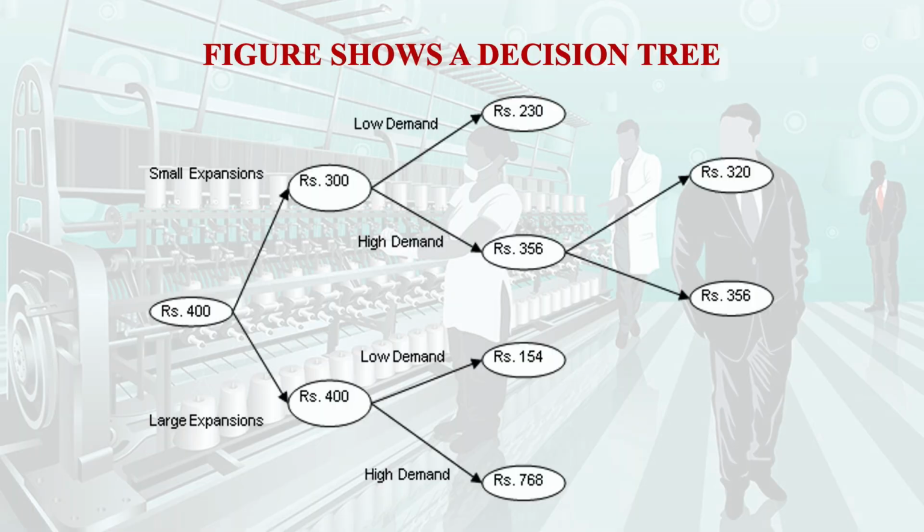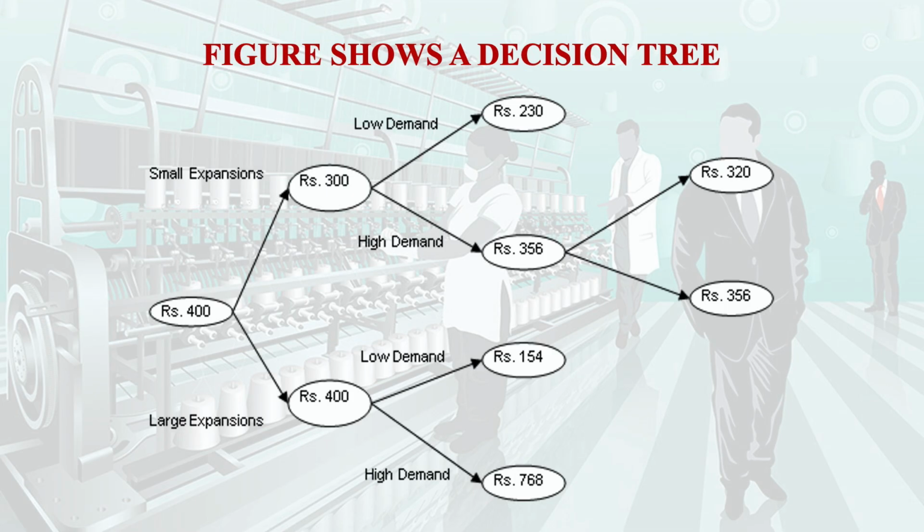This will give you a brief picture about the decision tree. On the left side, you have a starting point or the seed point for the decision tree, and you will find that there are two alternatives, and with each alternative again there are two alternatives.